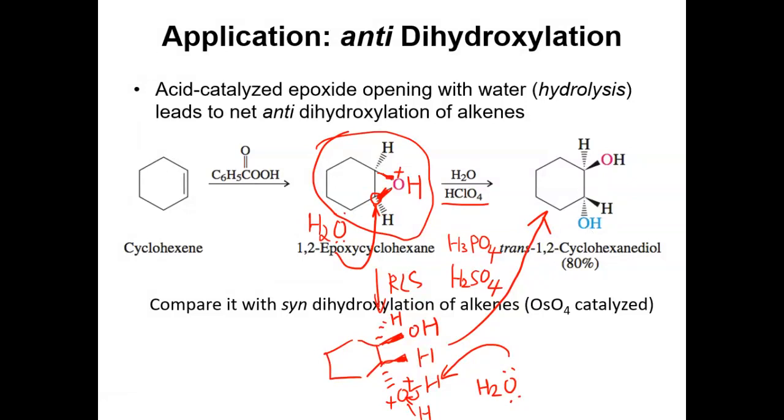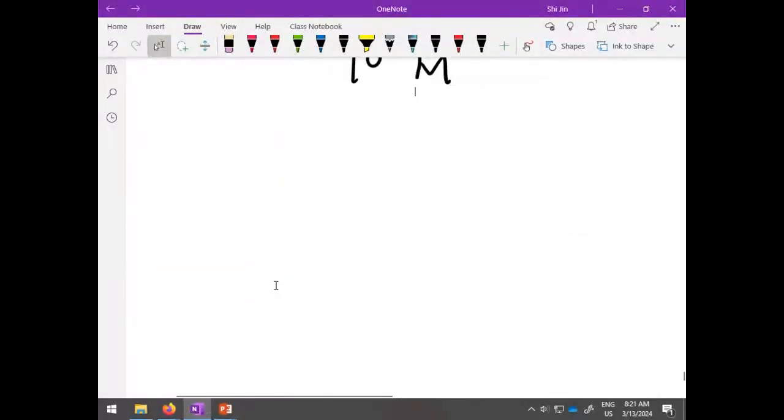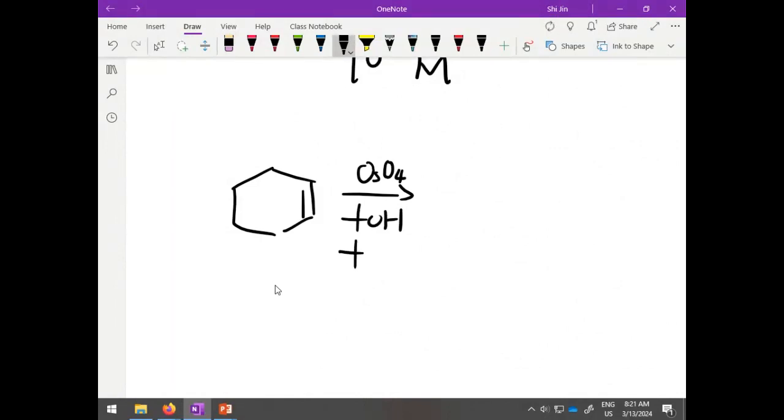So this is in sharp contrast with what we have seen in chapter 16. If you do the osmium tetroxide catalyzed dihydroxylation, you will get the cis diol. So this basically gives you a choice to prepare both the cis diol and the trans diol.